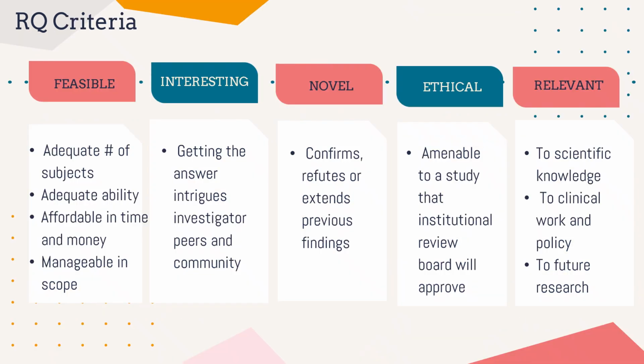Some people follow the FINER method, which prompts researchers to determine whether one has the means and interest to conduct the study. It also asks one to consider the ethical ramifications and relevancy of the research. You want to think about if your questions are feasible and specific. So are they answerable within the practical constraints that you have, such as time, resources, the population that you can work with?